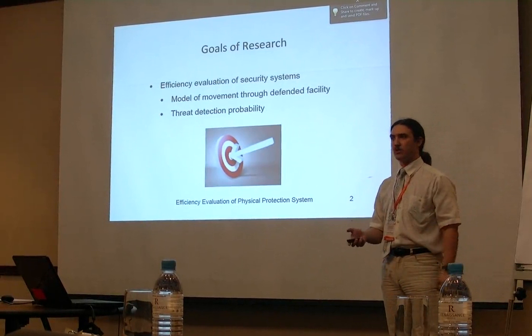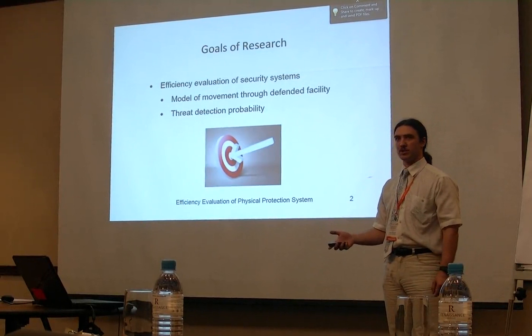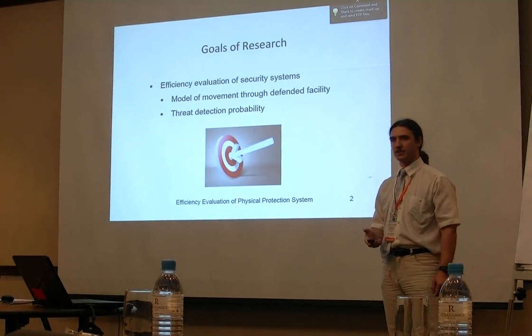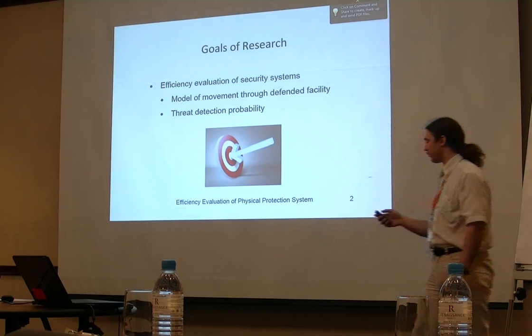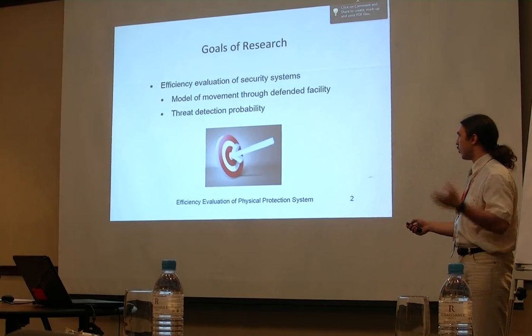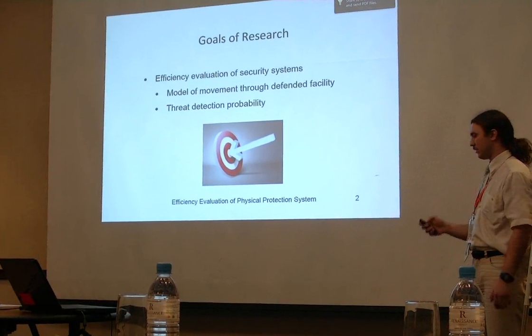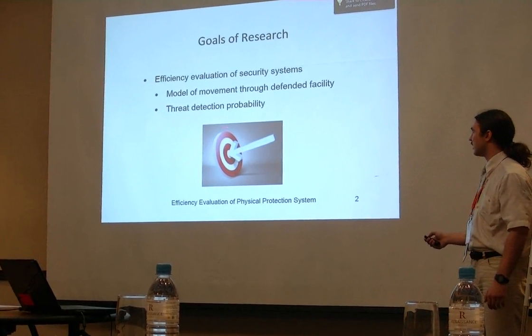First of all, I'd like to mention the goals of our research. We have studied several approaches to efficiency evaluation of physical protection systems, and our study reveals that there are two main problems. You must develop a model of movement through the defended facility or defended territory, and the second problem is threat detection probability.